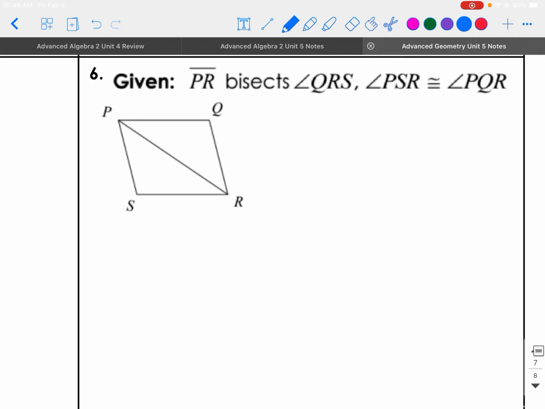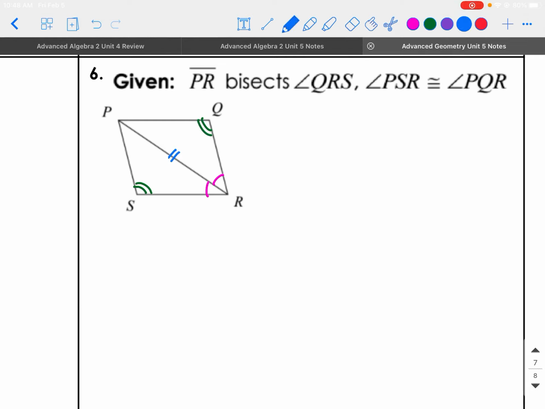And last one, number 6. PR bisects QRS. So this one and this one's the same. Angle PSR is congruent to angle PQR. And they share a side.